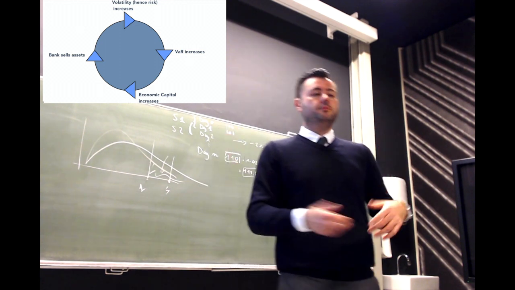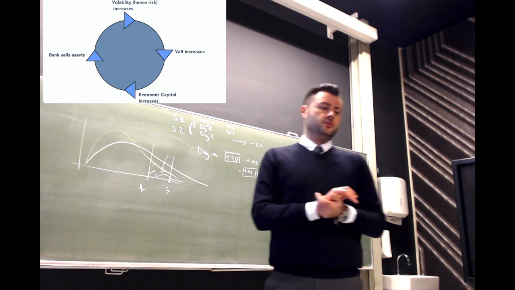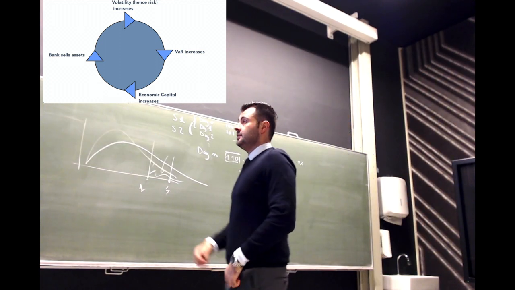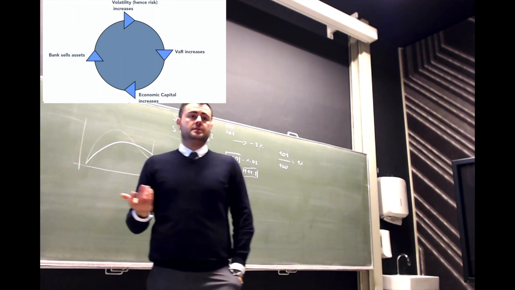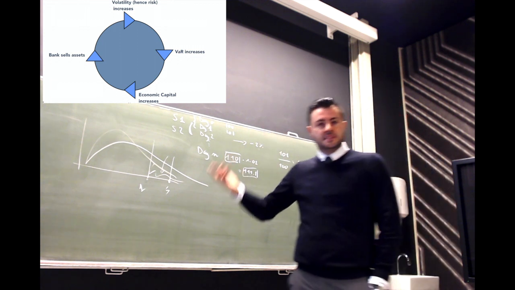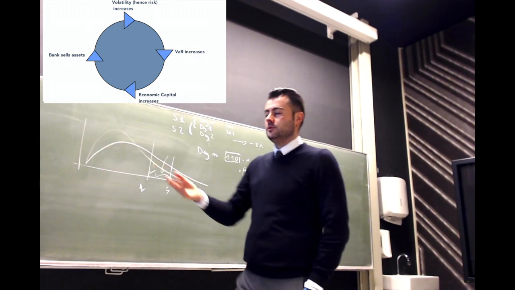It's not a big problem. You will go there, you will sell your asset, you get your money, and everything is fine for you. But during a crisis, it's very likely that you are not the only bank doing this. If it's a crisis, it's because it's a systemic crisis. Otherwise, it's just your problem. It's not a crisis for the system.